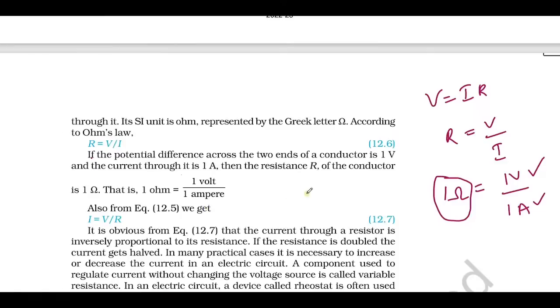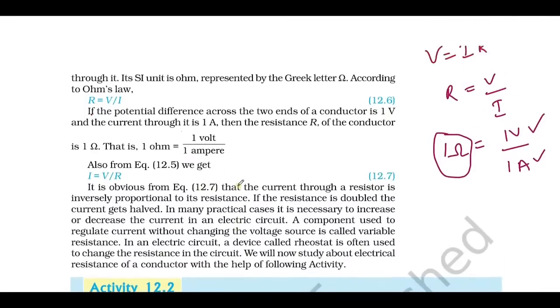I equals what? V by R. And also, see here, V equals what? I R. Now R equals what?